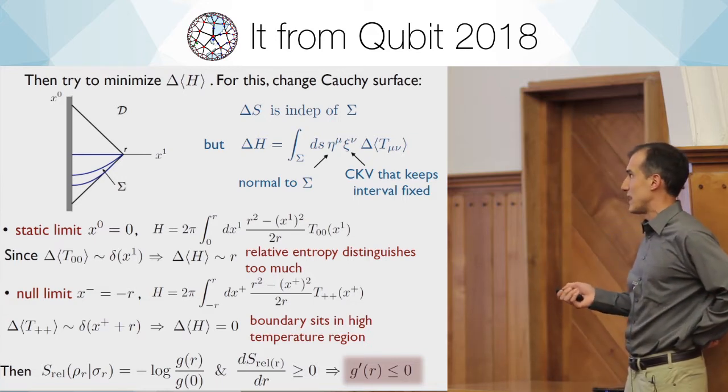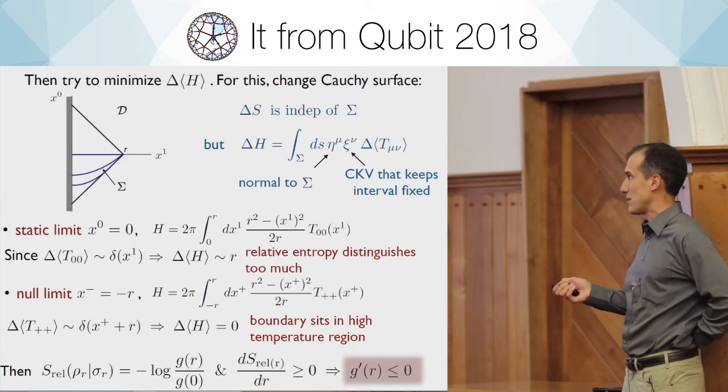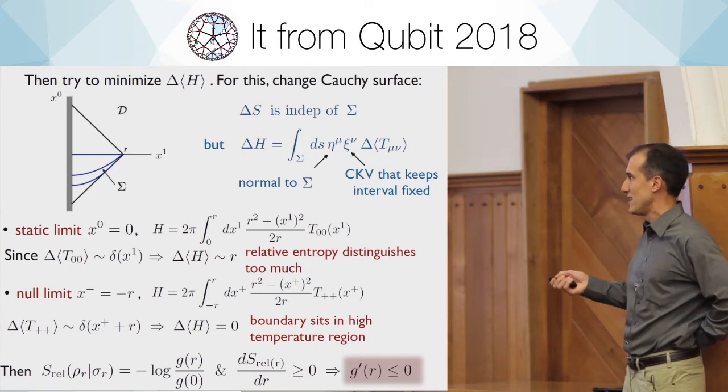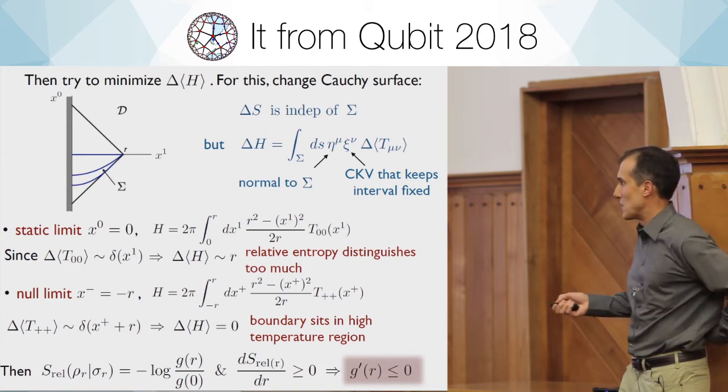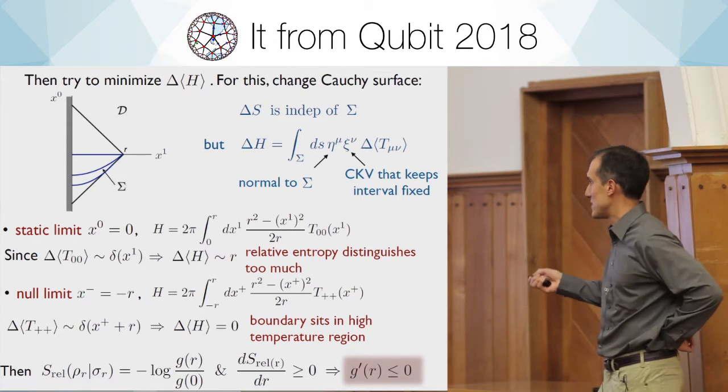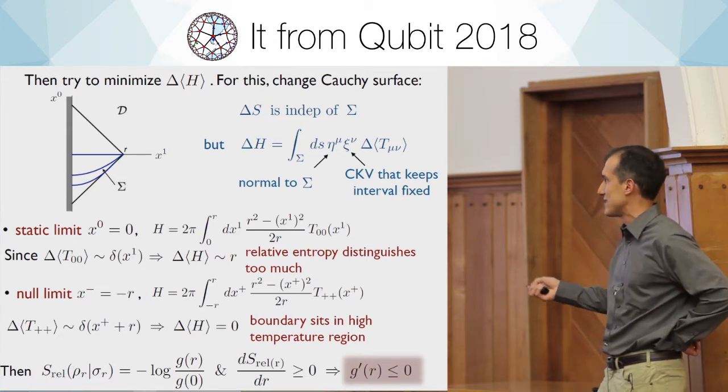But now, what happens as we take the null limit? So now we start thinking about these Cauchy surfaces that approach, say, this null direction here. I'm parameterizing this by null coordinates, x minus here and x plus here. This would be then x minus equals minus r. We can then very quickly write the modular Hamiltonian there. We just use the new normal vector. Then it has this expression.